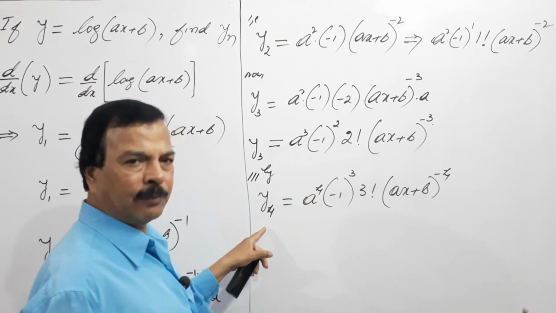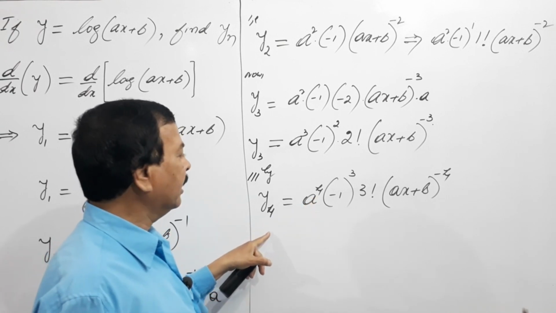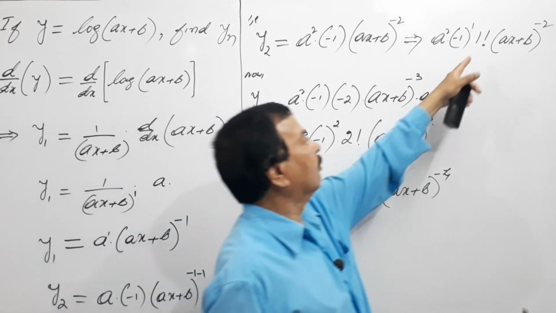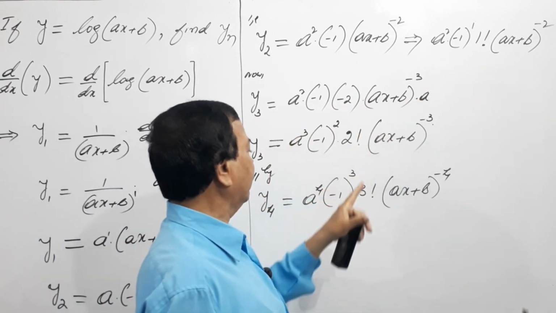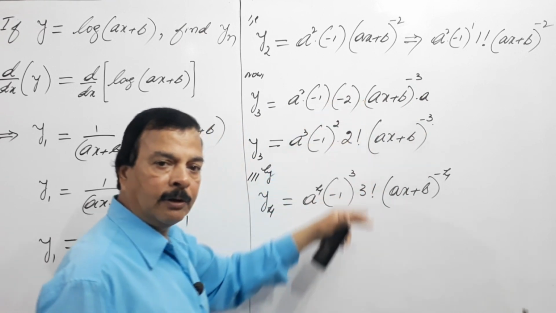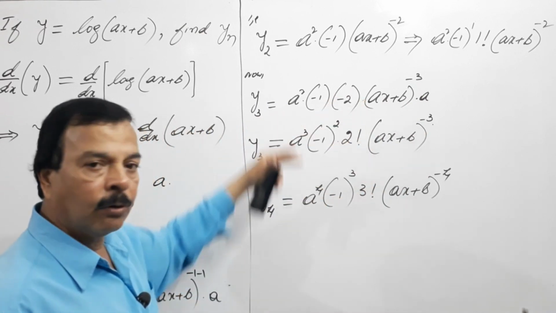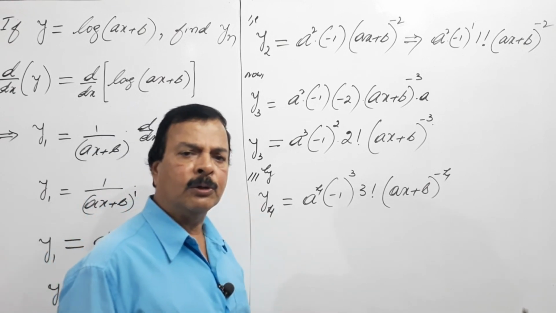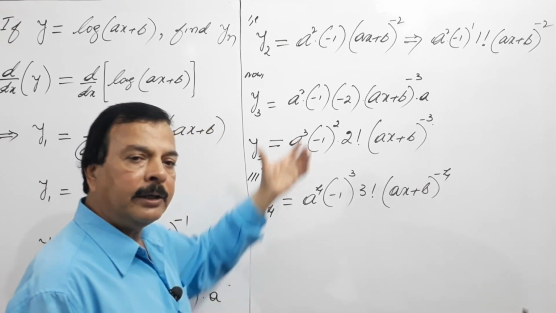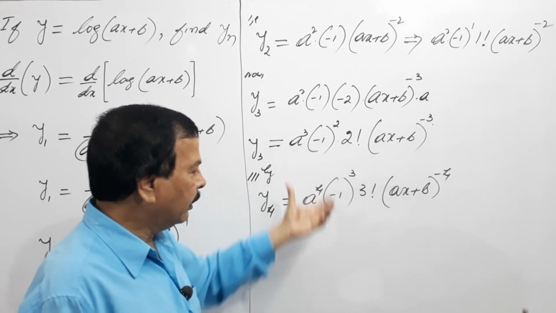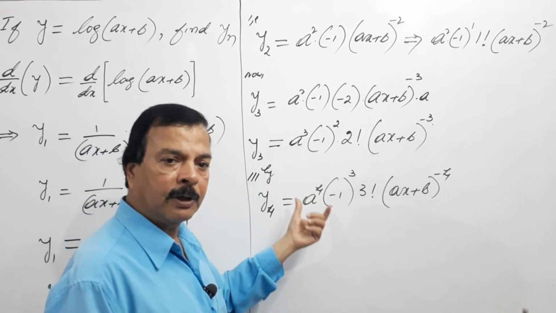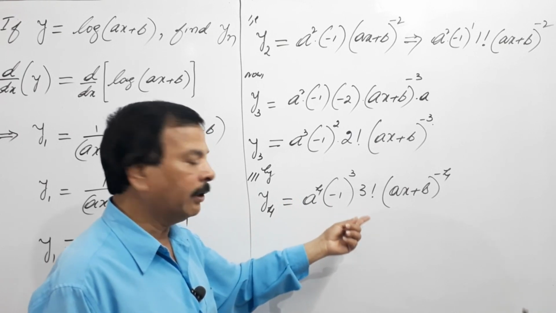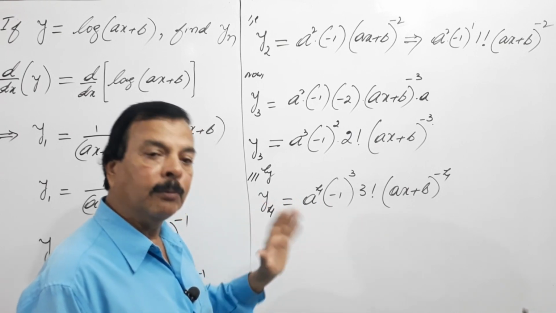That is, y suffix 4. Please understand that. You will also have 1 factorial, 2 factorial, 3 factorial, and these values continue as long as you go on differentiating. So after seeing this, you can come to an inference. The pattern is repetitive. The only thing is that the powers of a are increasing and the factorials are increasing. So you can come to a conclusion.